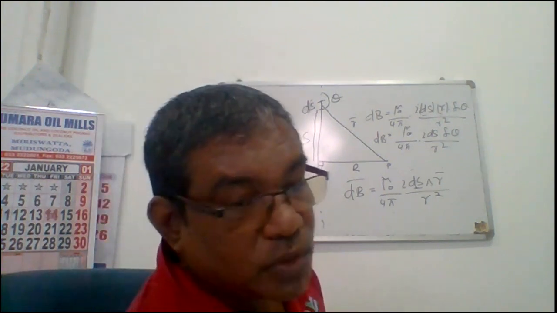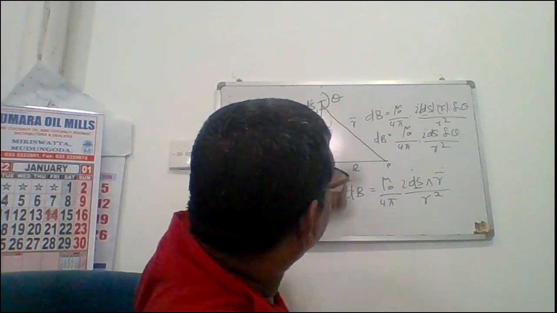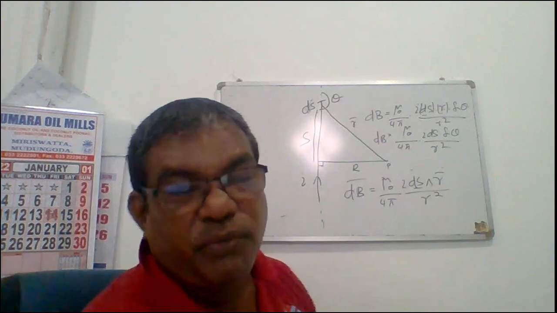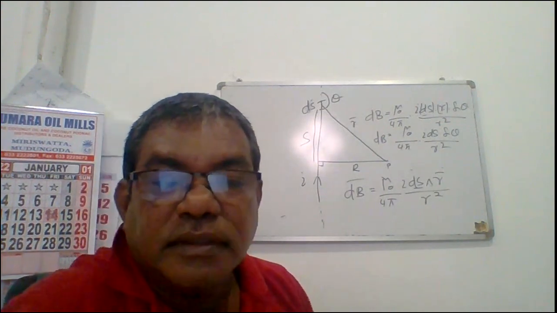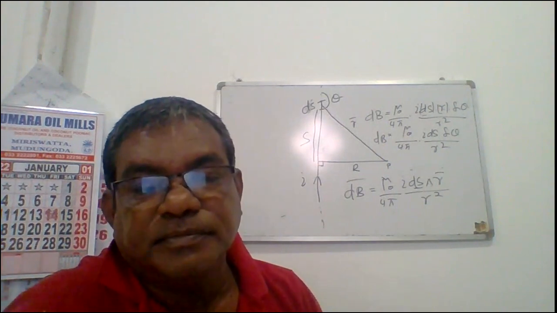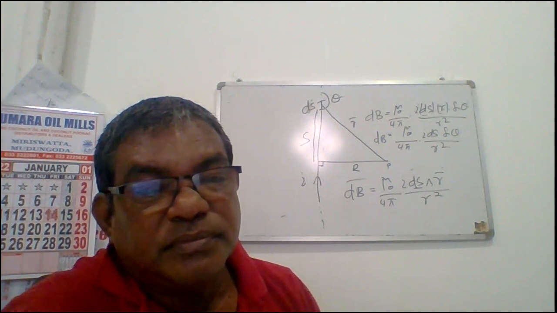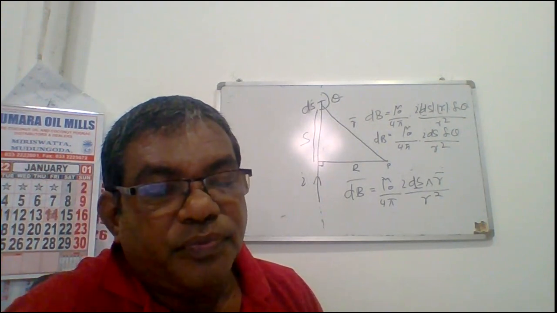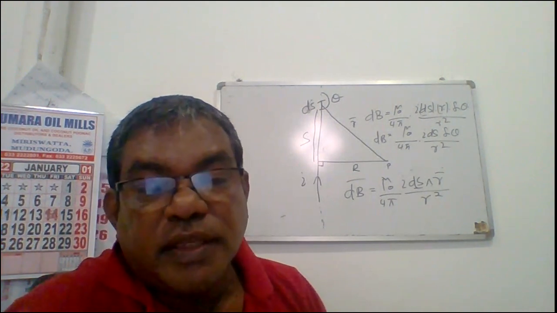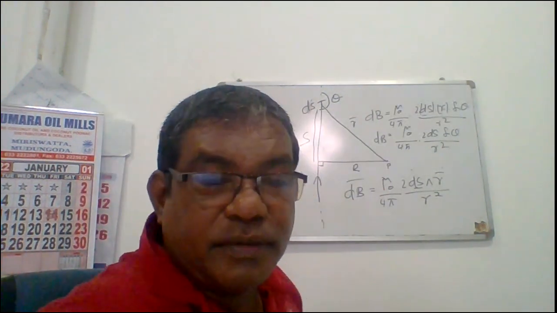Now, to get the whole infinitely long current carrying conductor, theta should vary from minus infinity to plus infinity.